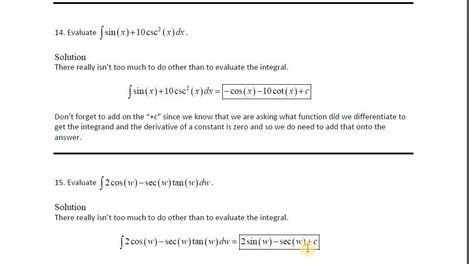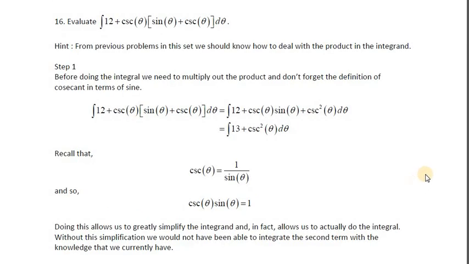So this is a very simple integration of basic trigonometric functions. Students, look at another example: integration of 12 plus cos theta, now the variable is theta, whole into sin theta plus cosec theta, d theta. We need to integrate with respect to theta.